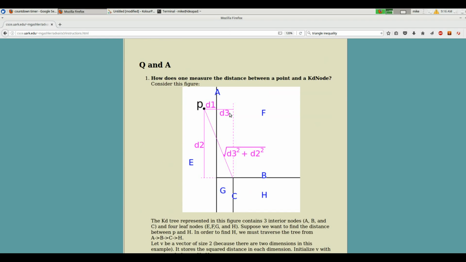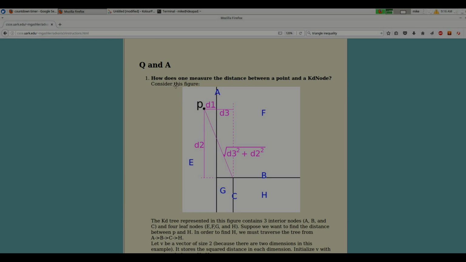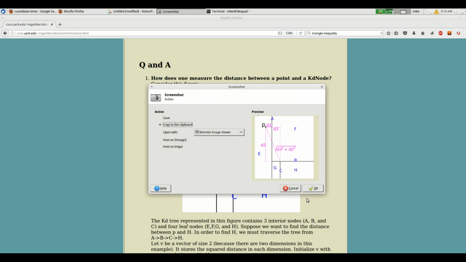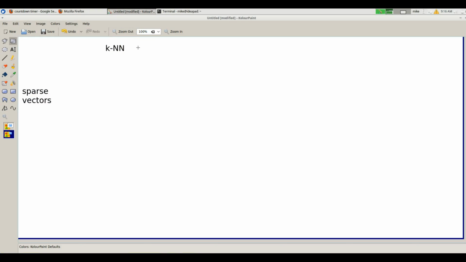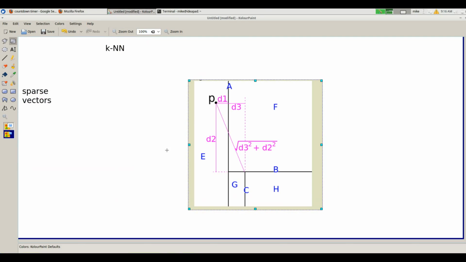Okay. Remember, we're calculating this distance to the KD node. I'm going to copy this, paste it here, so I can draw on it. Do you see that we're assuming that the distance to this node conservatively underestimates the distance to some point inside of that KD node, right?